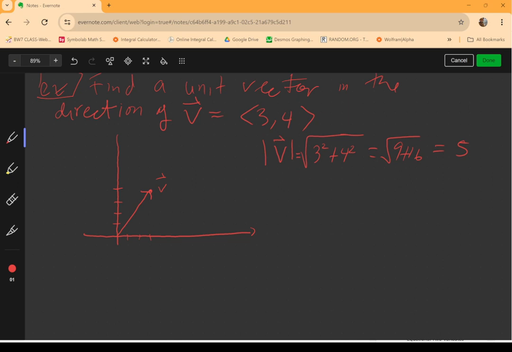As it turns out, the way to do that is to define a vector W as V divided by the magnitude of V. This will always be a unit vector.